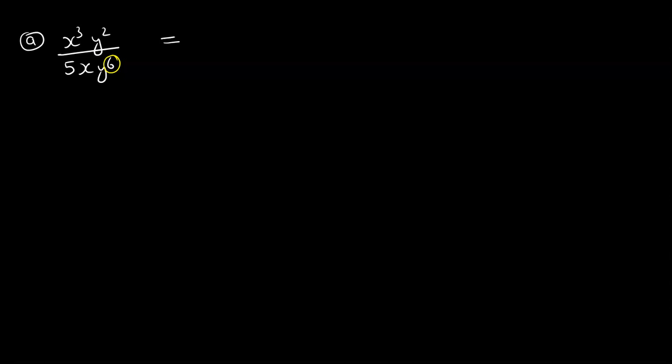So how do we do it? We write x cubed minus 1, because it has 1 power, right? We don't write it because it's given in mathematics. Over 5 still carries along, and then we write y to the 6 minus 2.